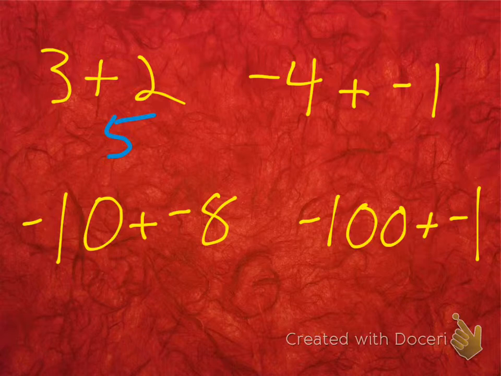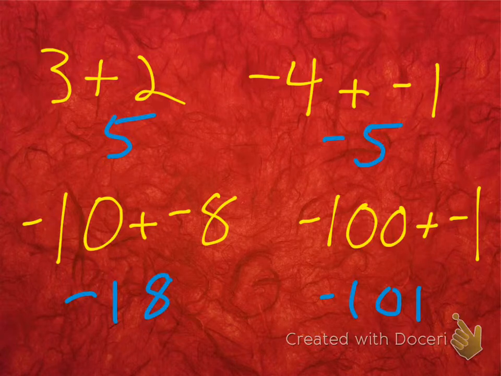Negative 4 plus negative 1 is negative 5. We add them, keep the sign. Negative 10 plus negative 8 is negative 18. Negative 100 plus negative 1 is negative. They're both negative, so we have to keep that sign. That's pretty simple, right? Any questions over that?